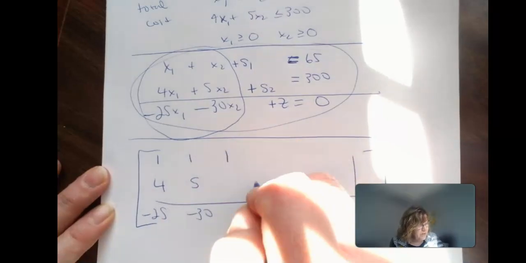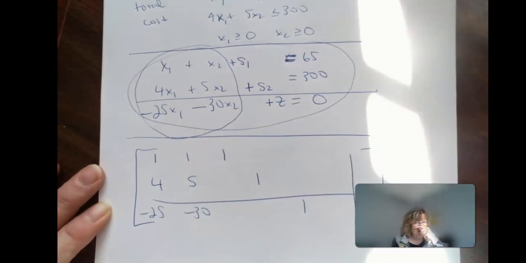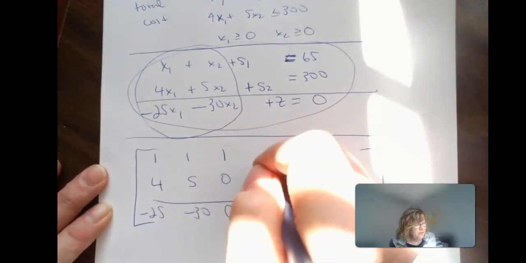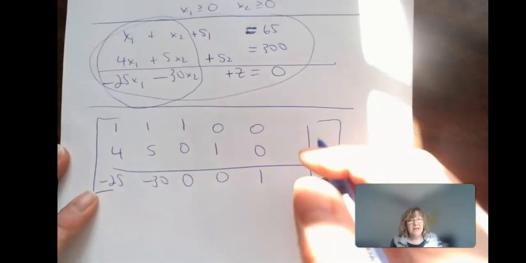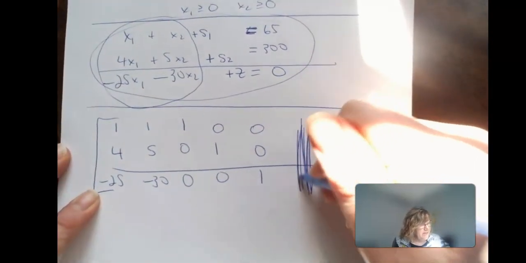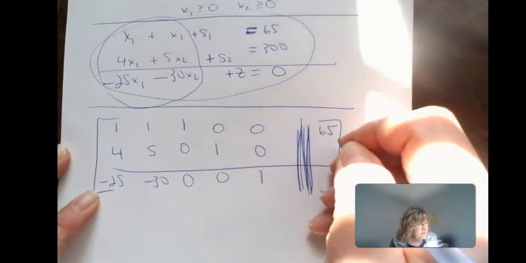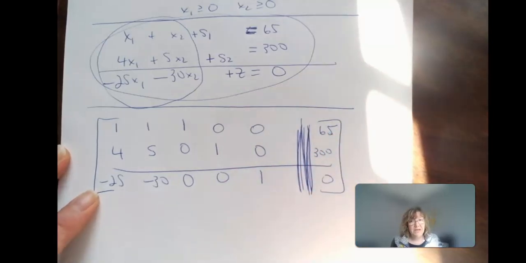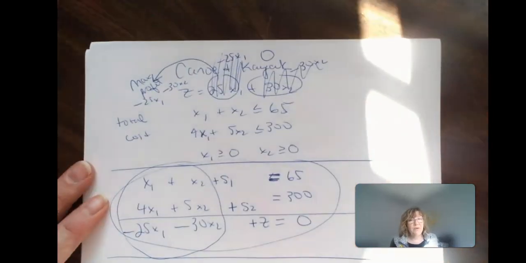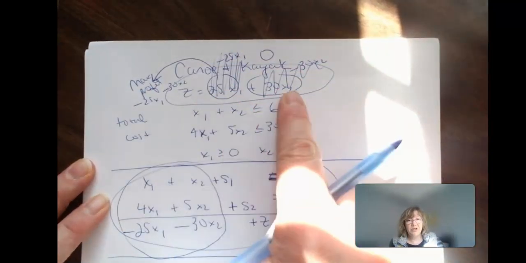So I'm going to write a 1, go diagonally, put another 1, and then in the bottom row, diagonally, I'd have another 1, and fill in with zeros above and below those. And then on the other side of a line going vertically, you're going to write your totals. So that would be 65, 300, and 0.